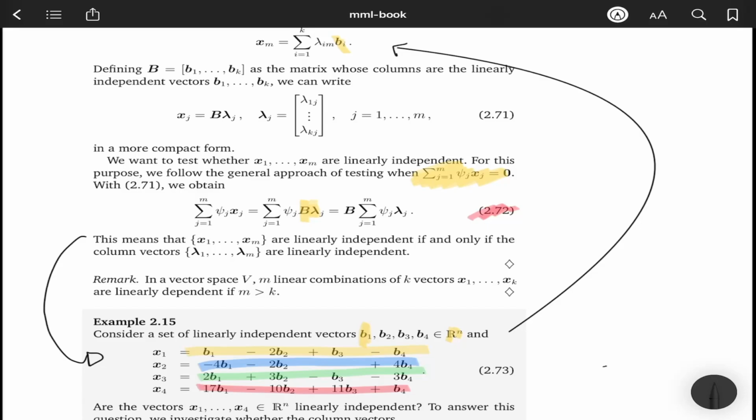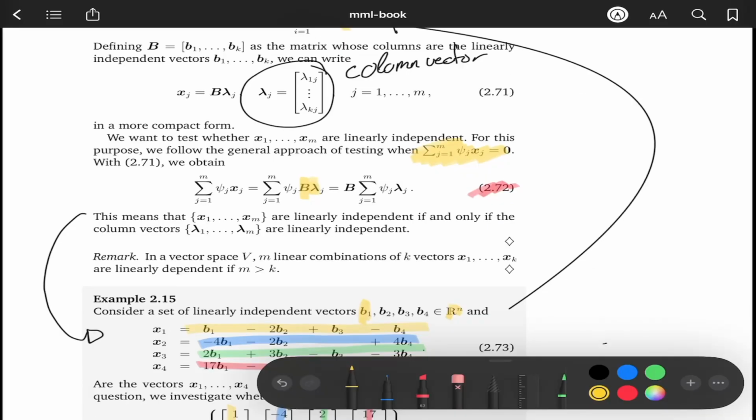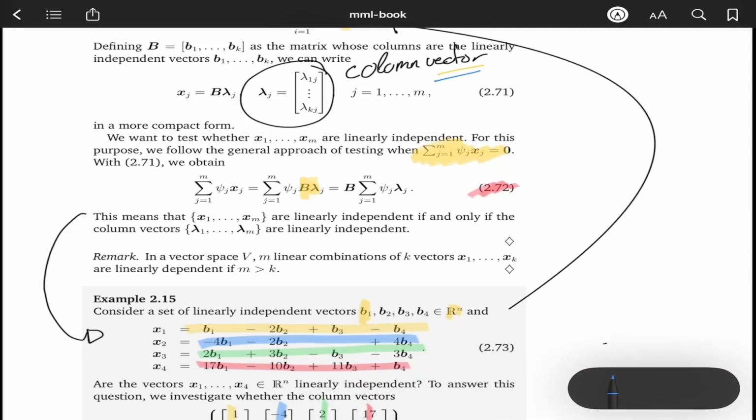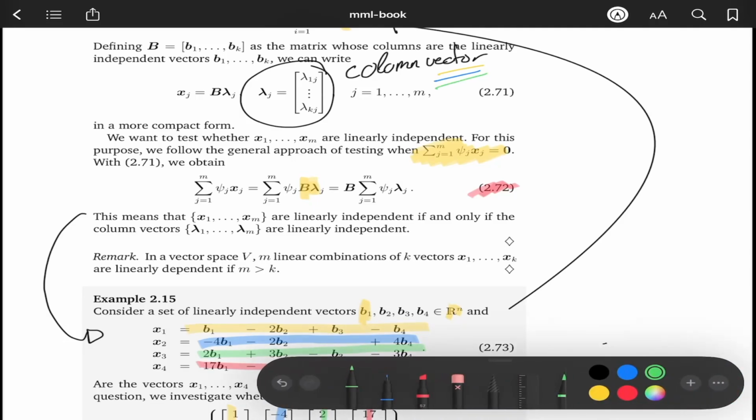The x1 to xm are linearly independent if and only if the column vectors lambda 1 to m are linearly independent. So what is now lambda? Lambda here is the column vector. These are now the yellow, blue, green, and red.